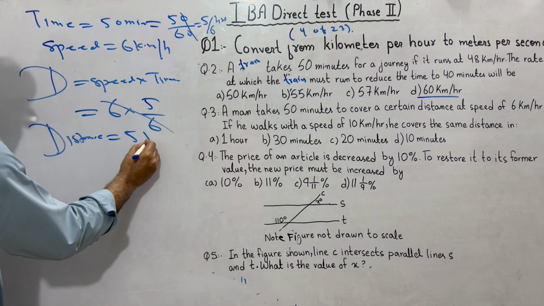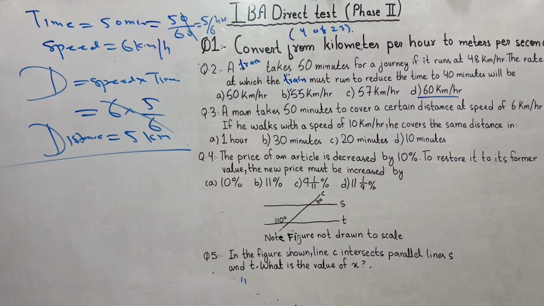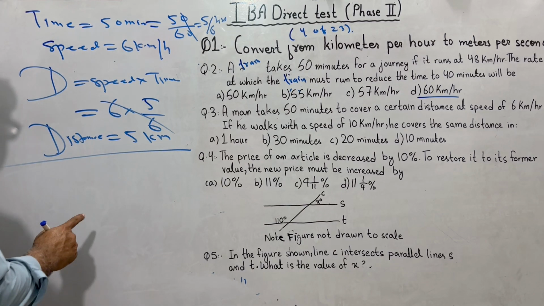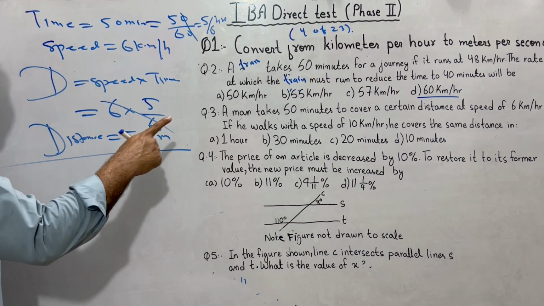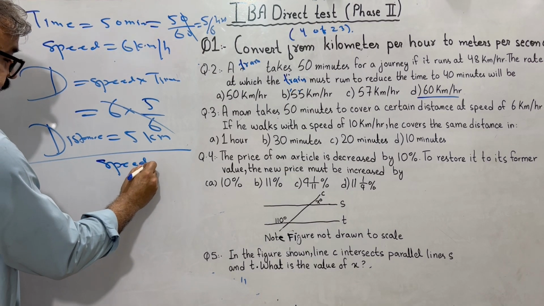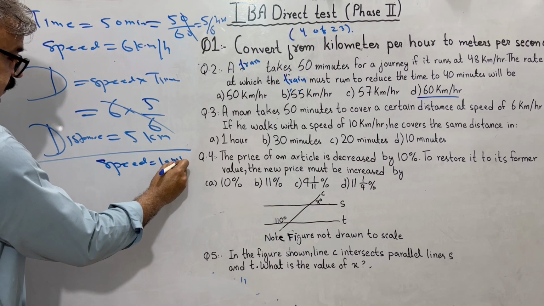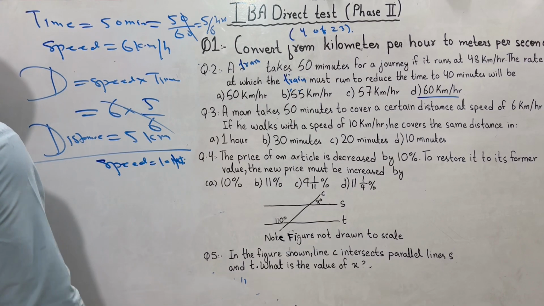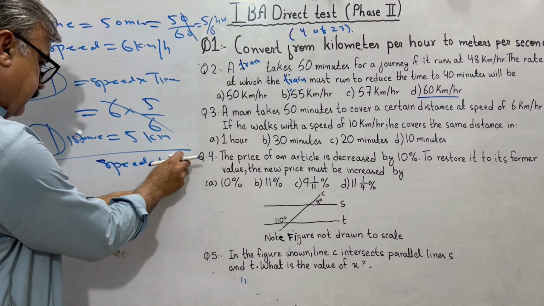Distance is 5 kilometers. Now, if the man runs at 10 kilometers per hour, he covers the same distance in how much time? Distance is 5 kilometers. The new speed is 10 kilometers per hour.